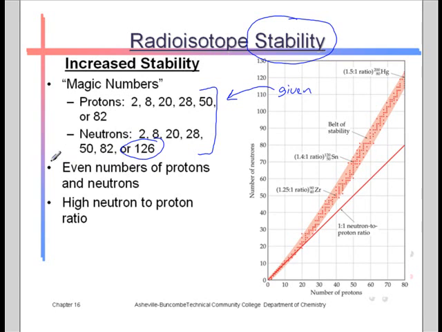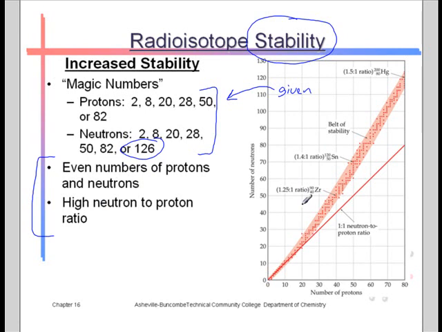I like to emphasize things where we can use our logic to answer a particular problem. For example, if we have an even number of protons and neutrons in the nucleus, that tends to be more stable. And if we have a high neutron to proton ratio, we tend to have a more stable isotope as well.